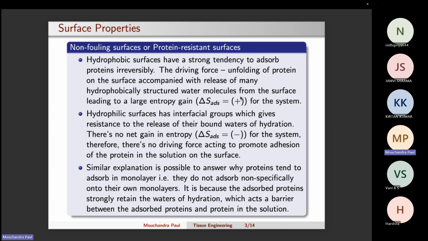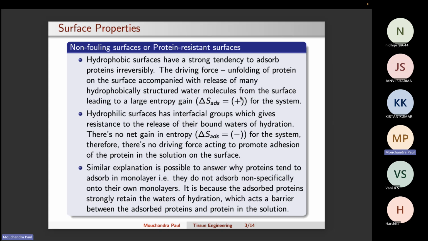Due to the release of the water molecules from the surface, there's a net gain in the entropy for the system. If you understand what entropy is, that's good, because it's coming from thermodynamics. According to the second law of thermodynamics, whatever reaction happens is spontaneous. A spontaneous reaction is supported.